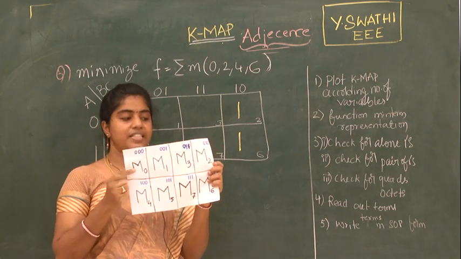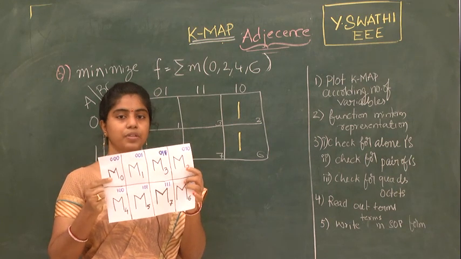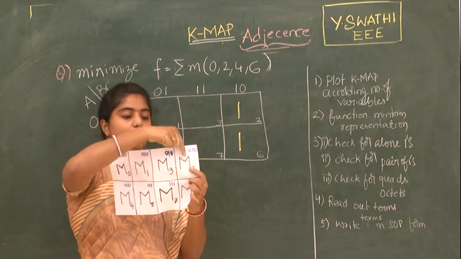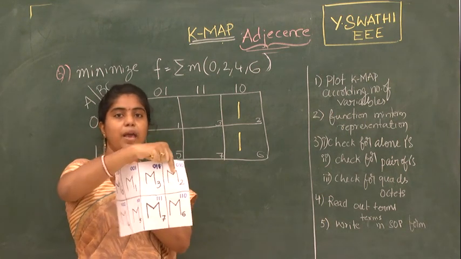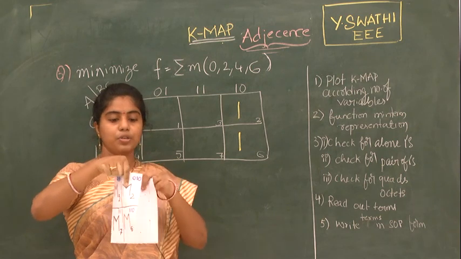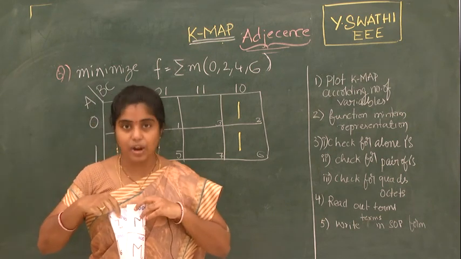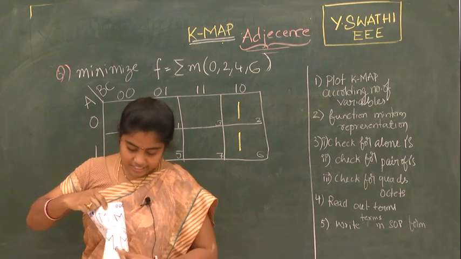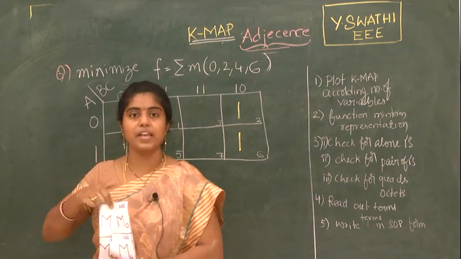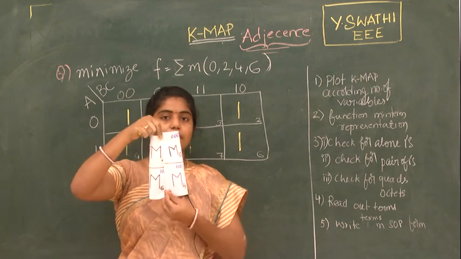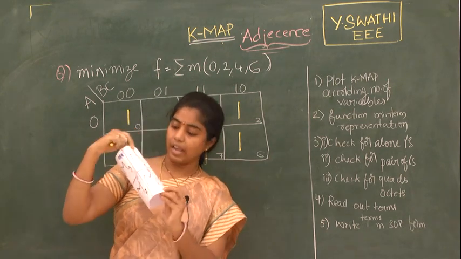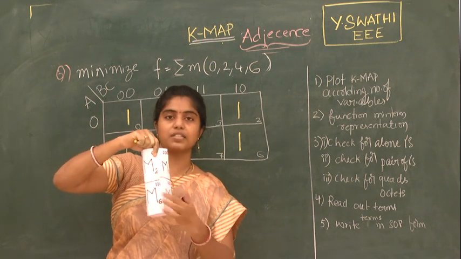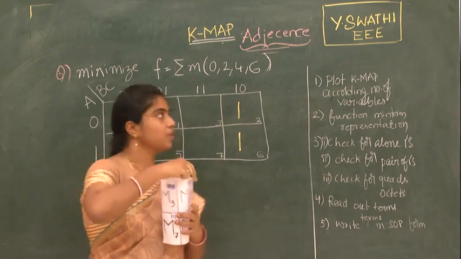Also, M0 is adjacent to M2, because this K-map can be rolled so that M0 and M2 are adjacent to each other. In the same way, M4 and M6 are also adjacent to each other.